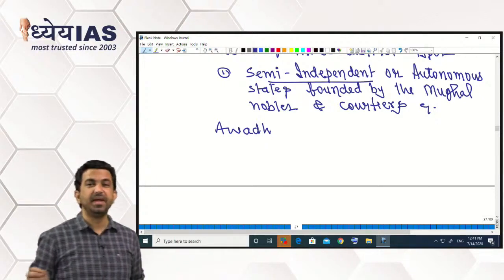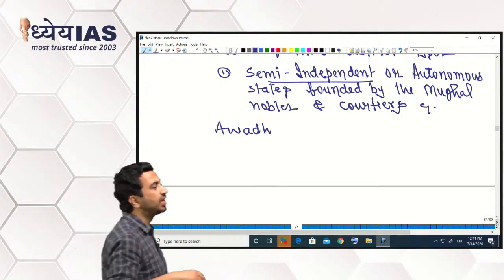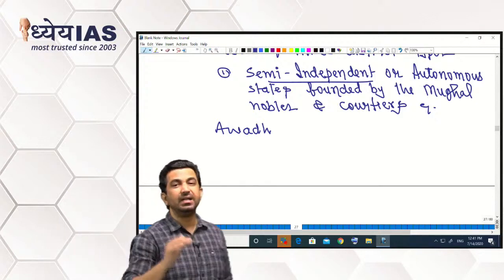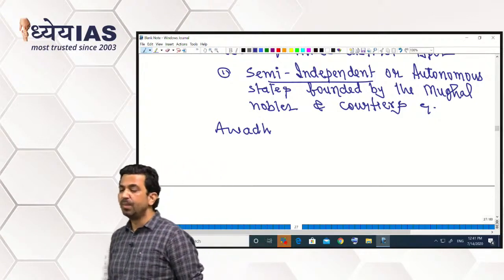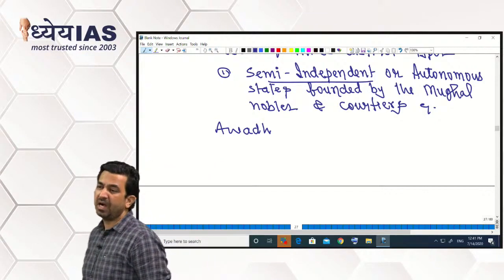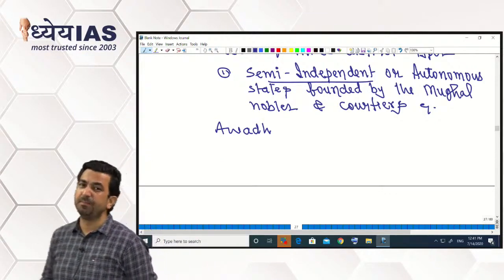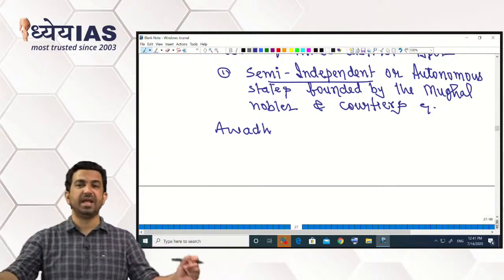Semi-independent states means these states remained under the control of the Mughal emperor but only in name, attached with the Mughal Empire but only in name.